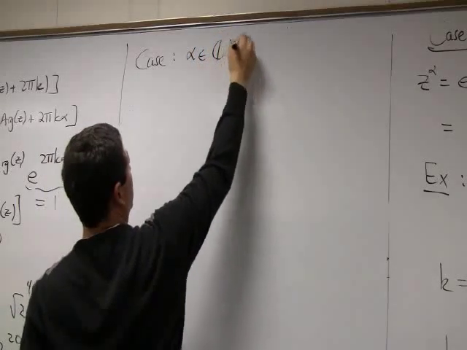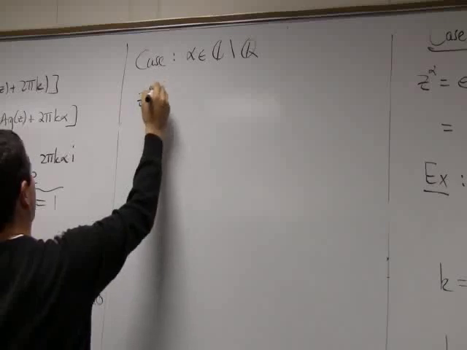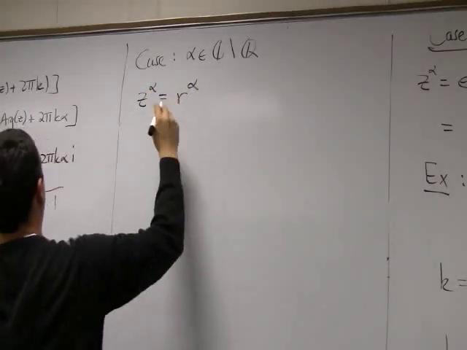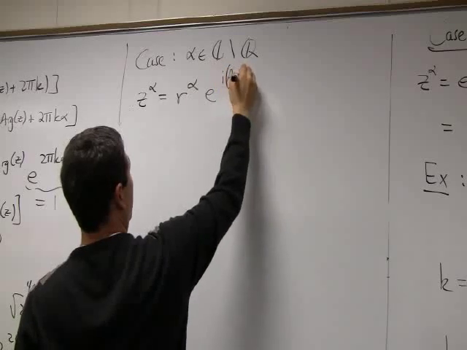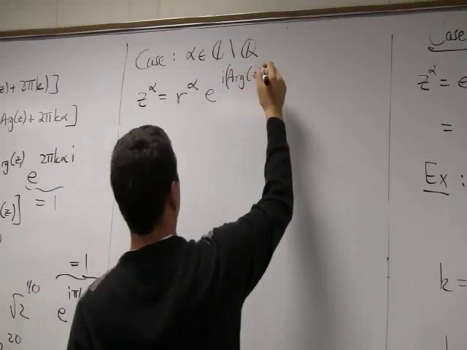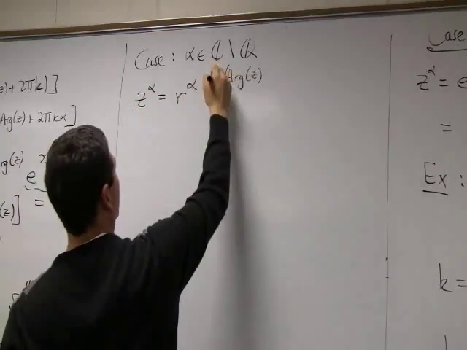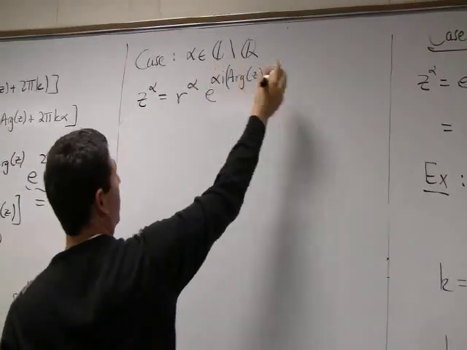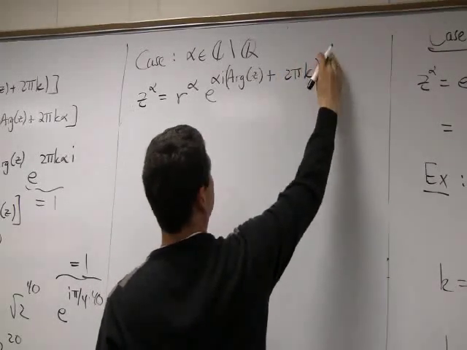It's a complex number but not a rational, and we get our formula: r to the alpha, e to the i, alpha plus, okay.